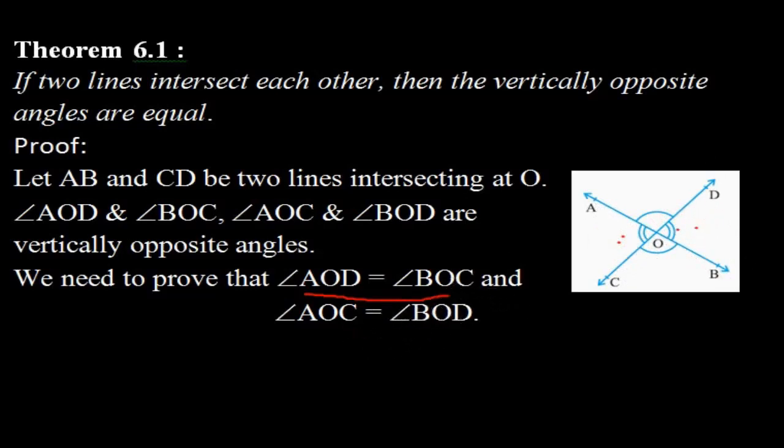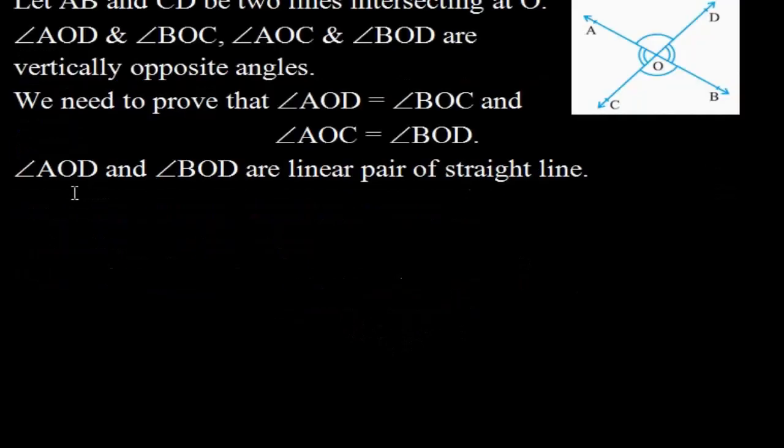Those two are equal. So in order to prove this, angle AOD and angle BOD form a linear pair on a straight line, because AB is a straight line. So if I add these two angles, it becomes 180 degrees.